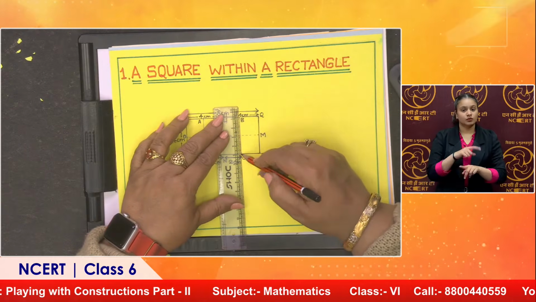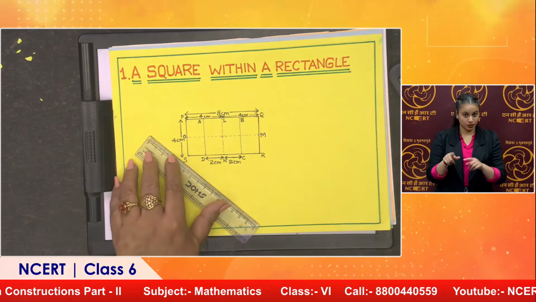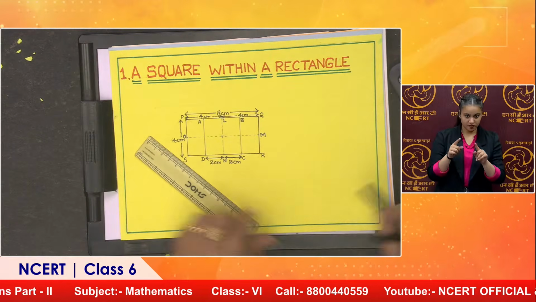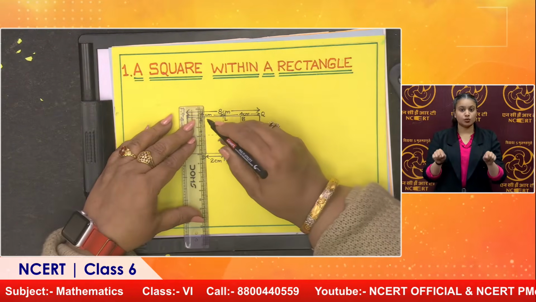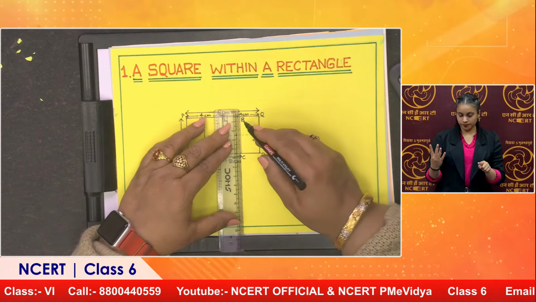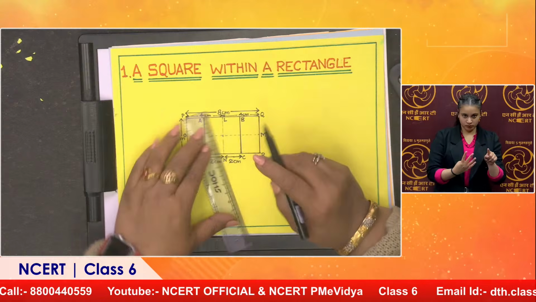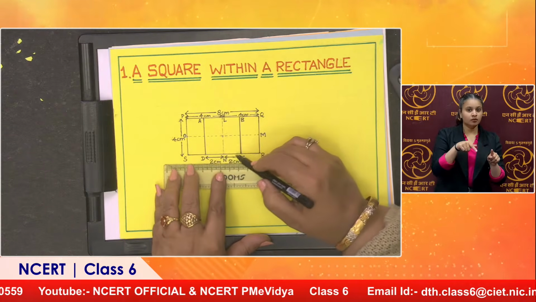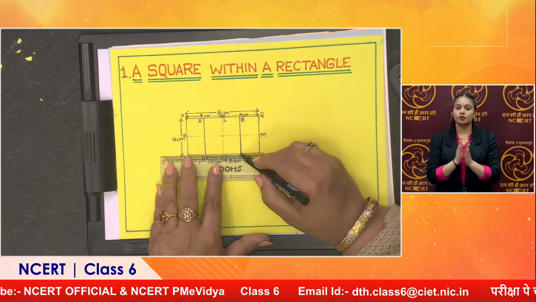you can see, children, that I have a square inside the rectangle, because this side length measures 4 centimeters and this also measures 4 centimeters and this obviously 2 plus 2 is 4, right.